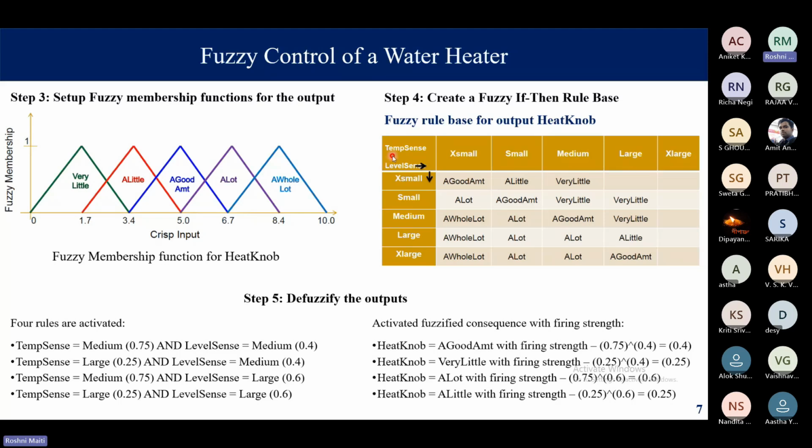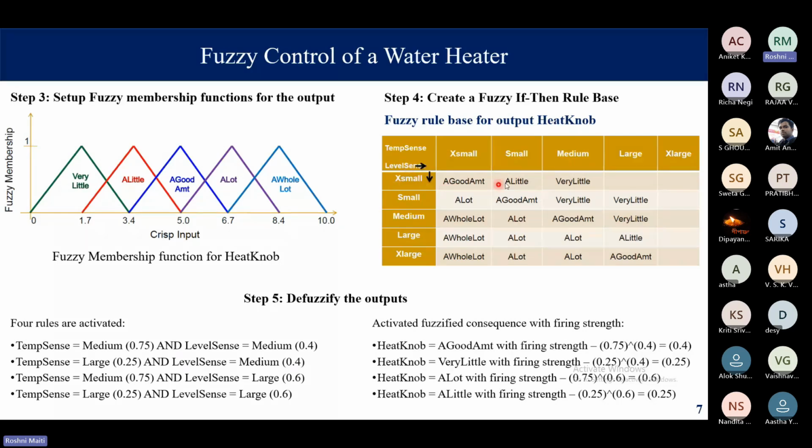Here we have designed the rule base for the temperature sensors and the level sensors. They have different values, and for their combination, we have to open the heat knob a good amount, or a little amount for the combination of small for the temperature sensor and extra small for the level sensor.